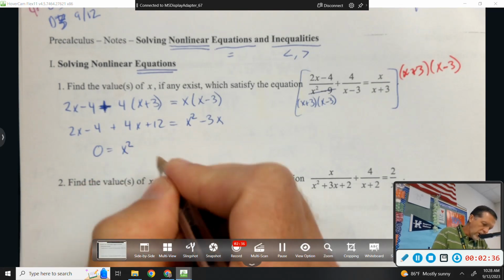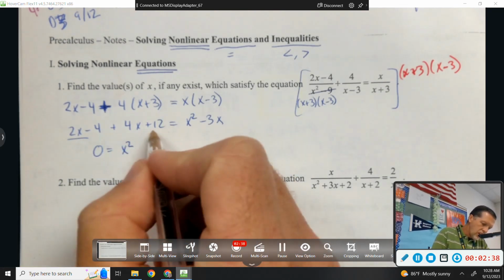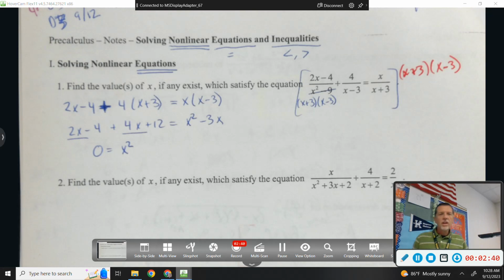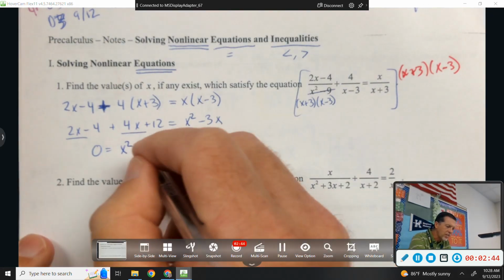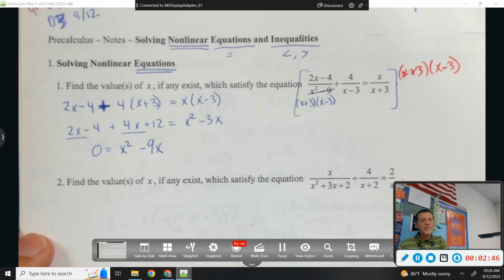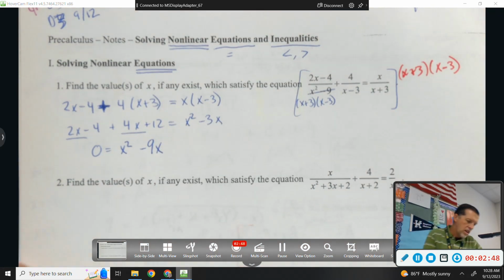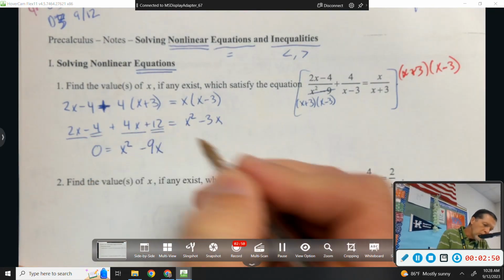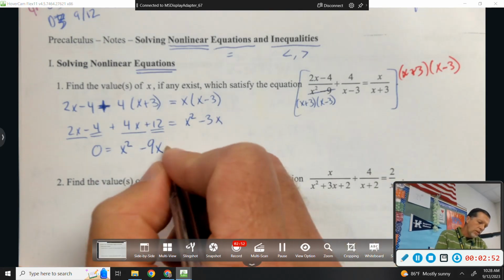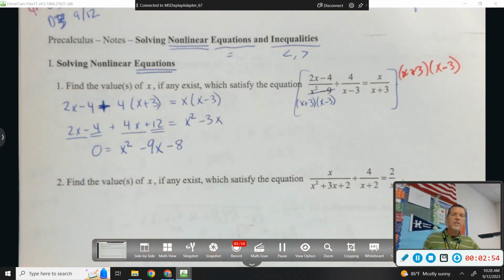So x squared, 2x plus 4x is 6x. If I subtract 6x from both sides, I get minus 9x. Negative 4 plus 12 is 8. So if I move that over, I get negative 8.